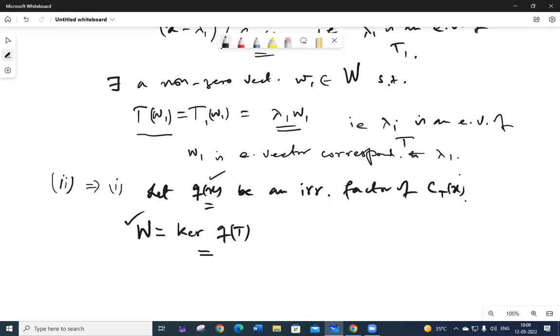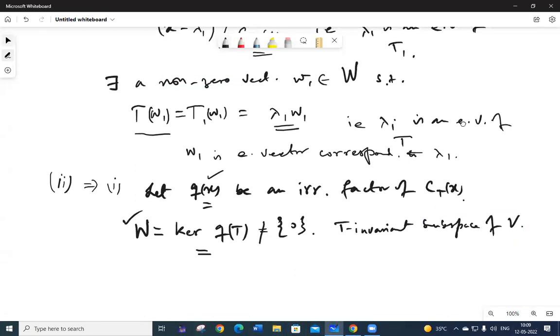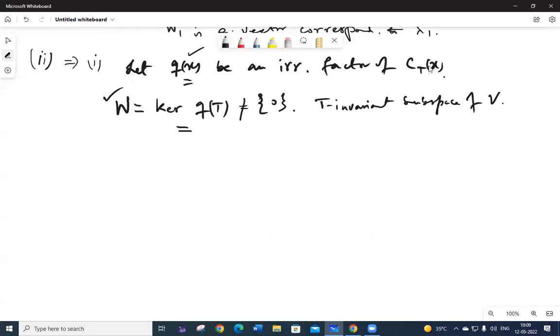This is a non-zero T invariant subspace of V. And then by 2, this must be containing one of the eigenvectors of T.